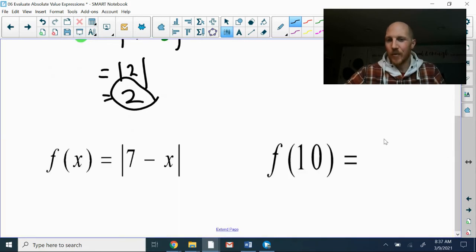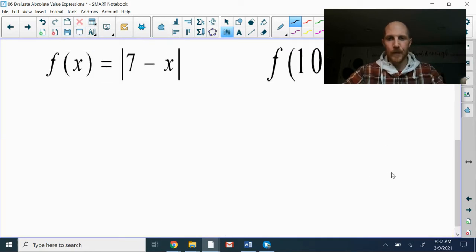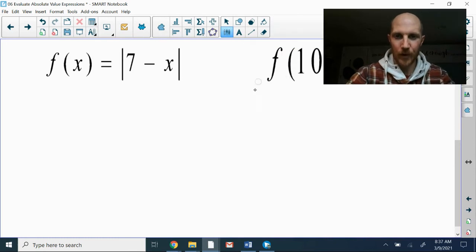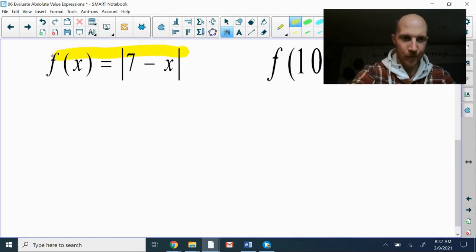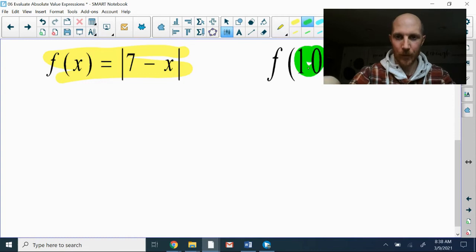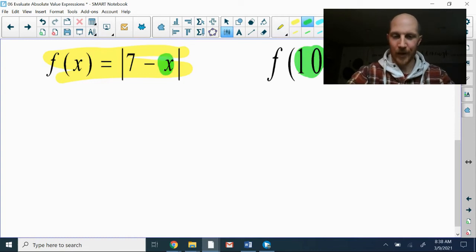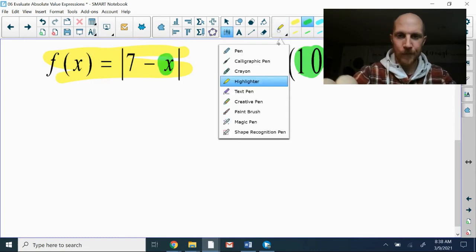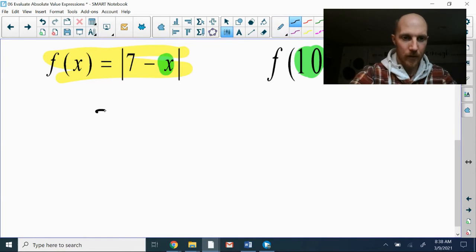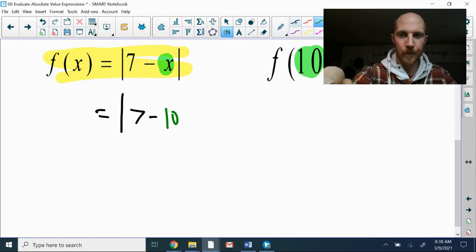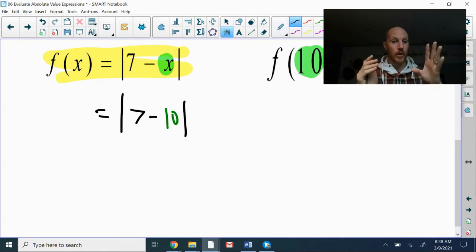Using that same function, let's look at a different example. Let's evaluate f of 10. So it means we're going to use 10 as our input. 10 is going to take the place of that x. And 7 minus 10. Okay, so I have to do the subtraction, which is inside those lines.